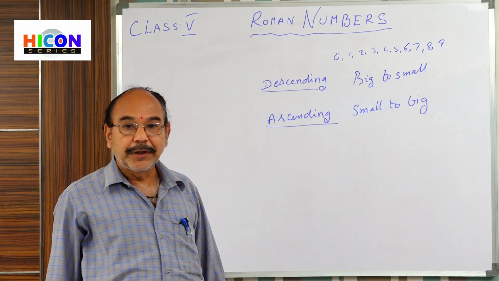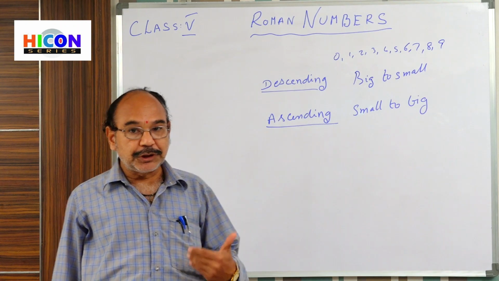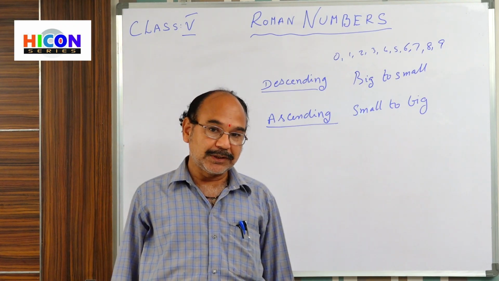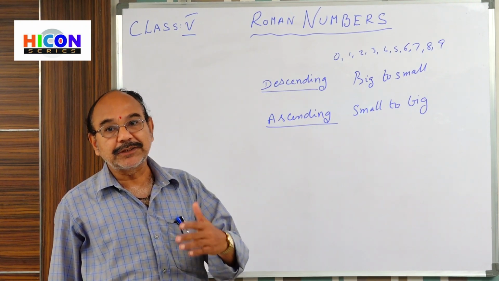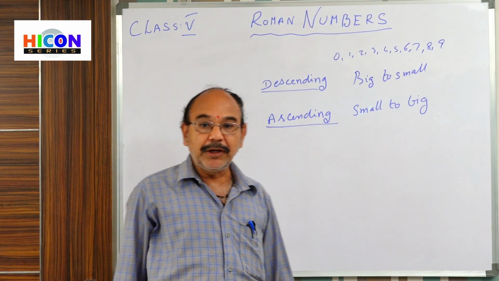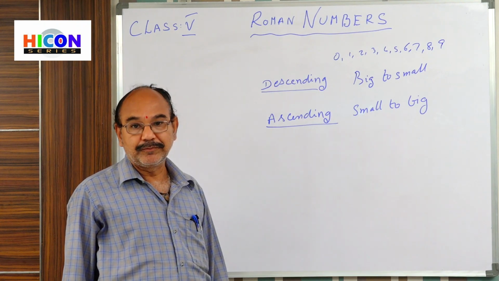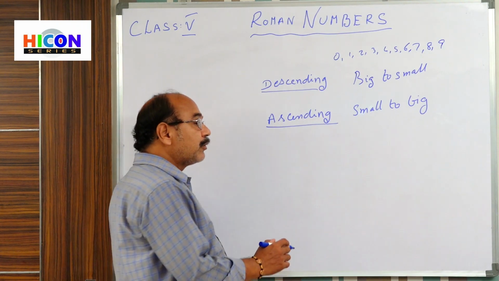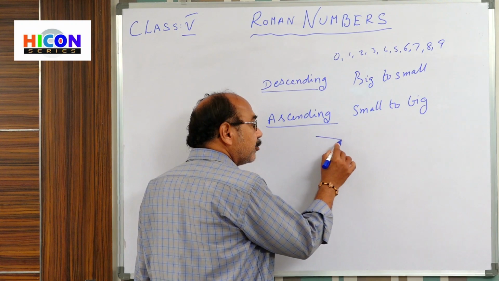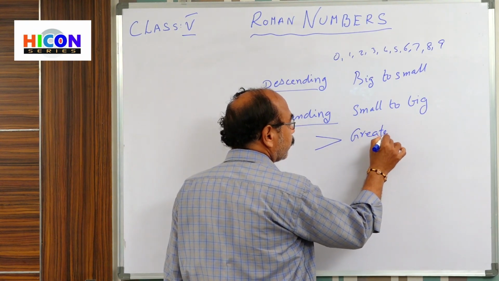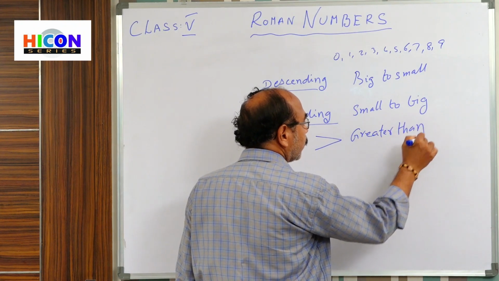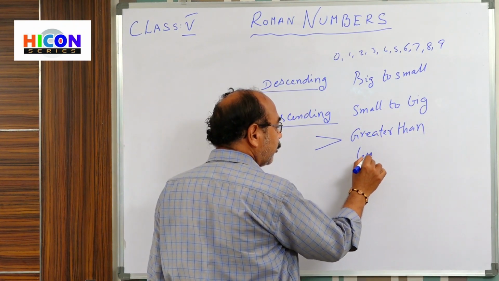And next one, which is the small one and which is the big one, we can say that also about numbers. If some numbers are given, then we can say which is the small one and which is the big one. What is the symbol of greater than? This is the greater than symbol. What is the symbol of less than?